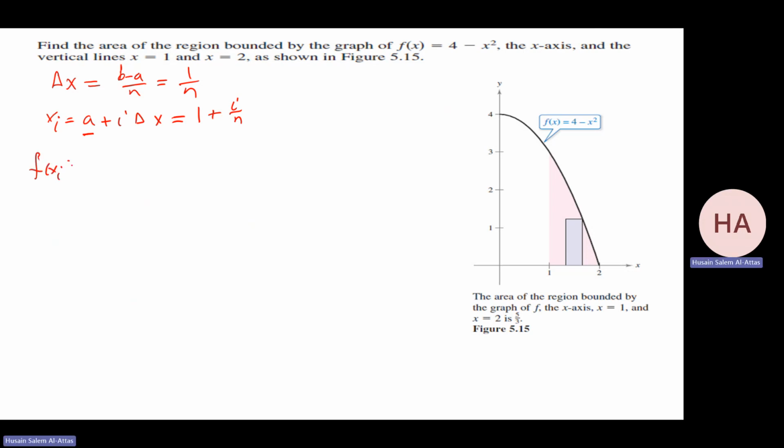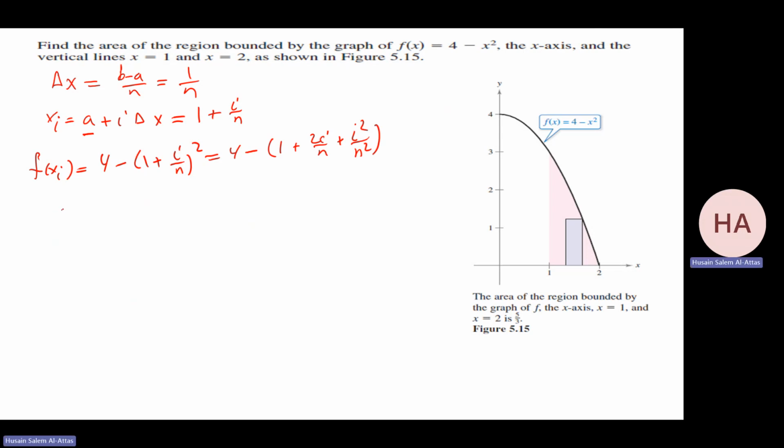f of xi will be what? 4 minus (1 plus i over n) squared. Now I need to open this. 4 minus (1 plus 2i over n plus i squared over n squared). Okay.